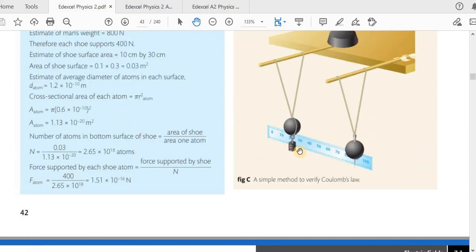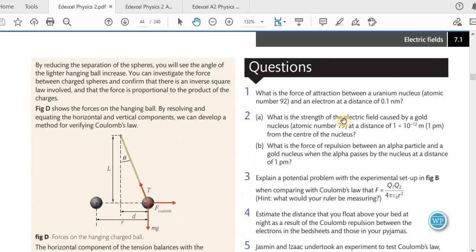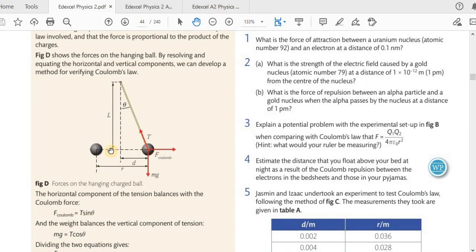Now you can see slotted masses or weights are attached to this, so therefore this will be vertical. But when you bring this closer and closer to this, if they are having like charges, this will be repelled. So the angle with the vertical that this makes will increase the closer and closer you bring this to the other sphere.